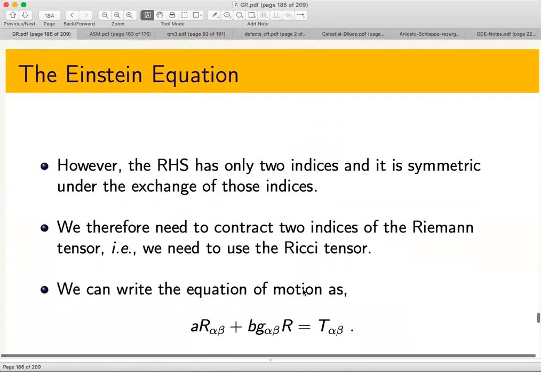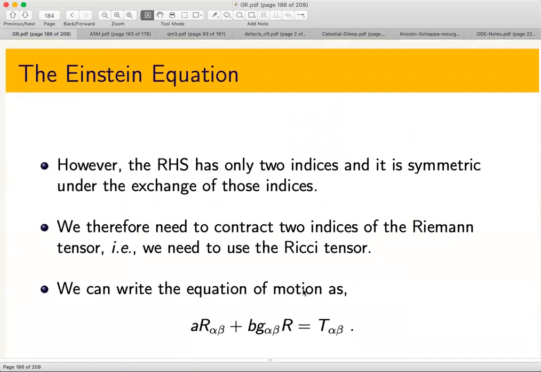Now, of course, we could have considered the Riemann tensor as the left-hand side of the equation, but we know that the right-hand side of the equation contains only two indices. And second, the energy momentum tensor is symmetric under the exchange of those two indices.